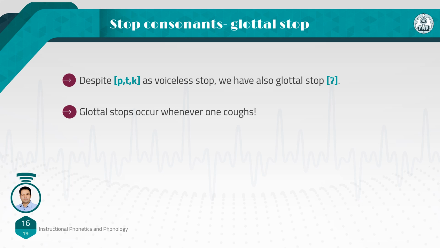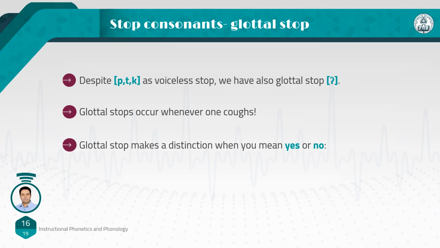In fact, glottal stops occur whenever one coughs. Now, try to cough. What happens now? It occurs when the vocal folds are held tightly together. As we have seen, the symbol for a glottal stop is something like a question mark without a dot below it.